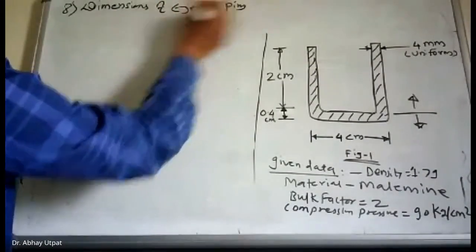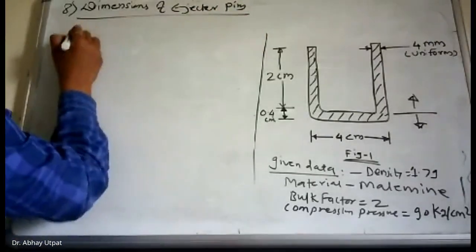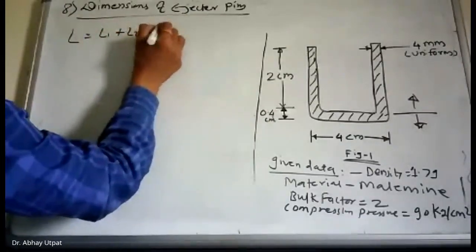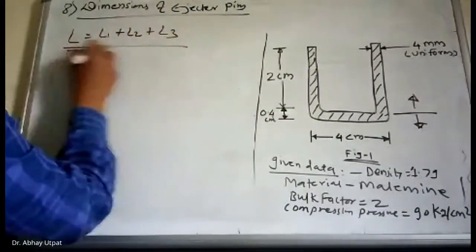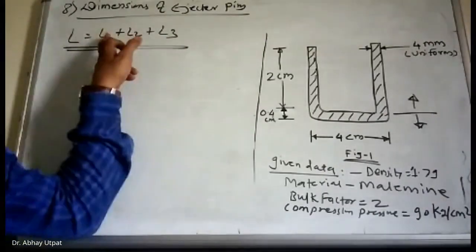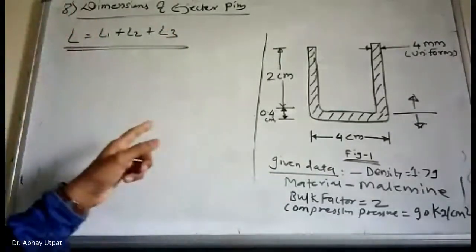I taught you in the last class, L is equal to L1 plus L2 plus L3. Length of ejector pin is divided into 3 parts, L1, L2 and L3. What is L1?